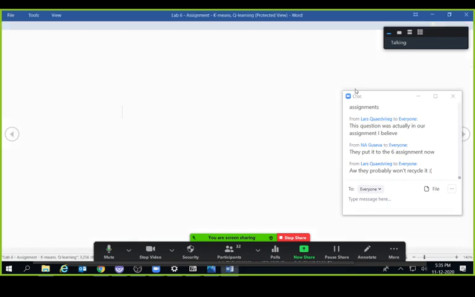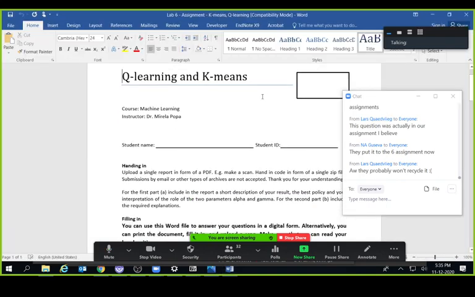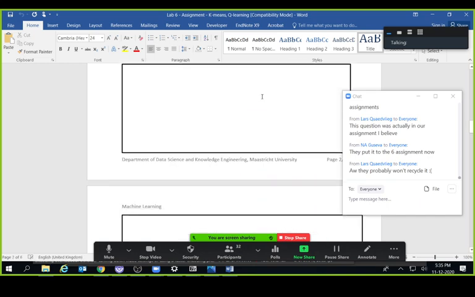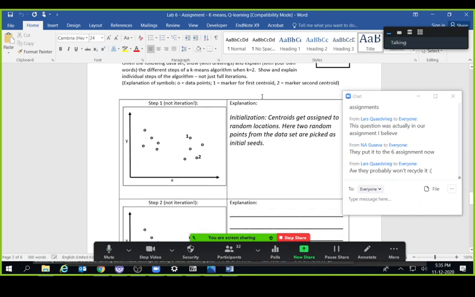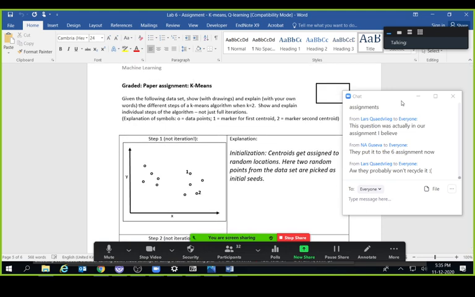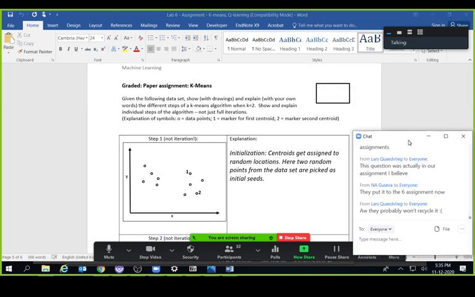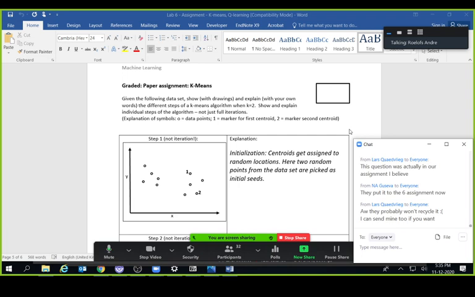Okay, interesting. We can find out the answers, not too difficult. Yeah, the K-means algorithm.